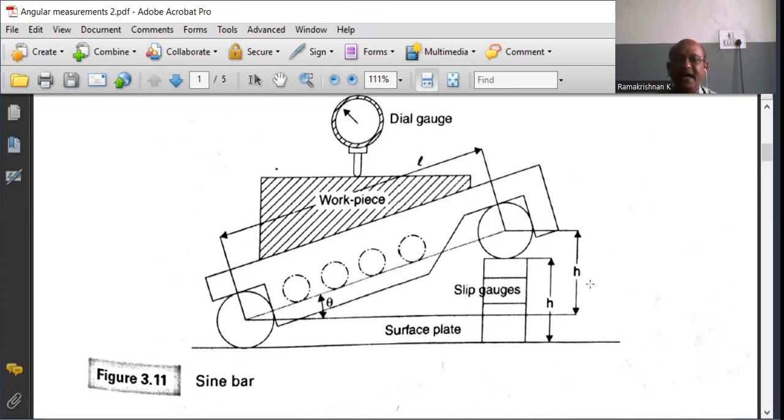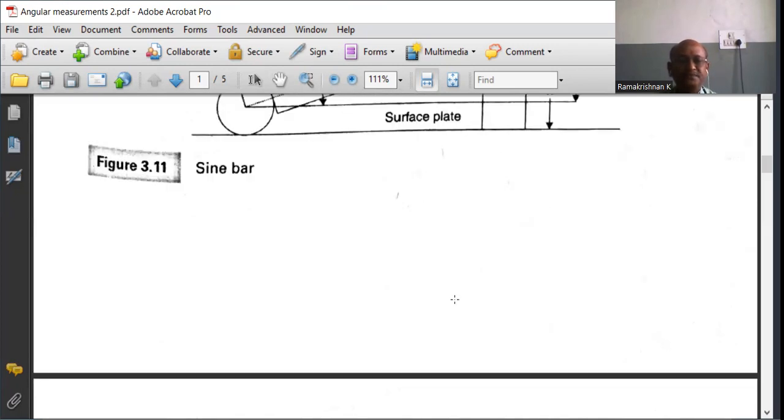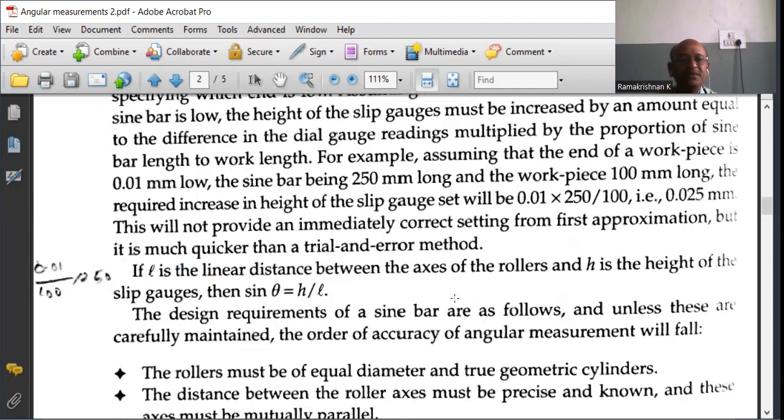Now we can find H. The only unknown parameter is theta. From the right angle triangle, we can easily calculate the theta value. Sine theta equals H by L from trigonometry. So from that we can easily determine the theta value.